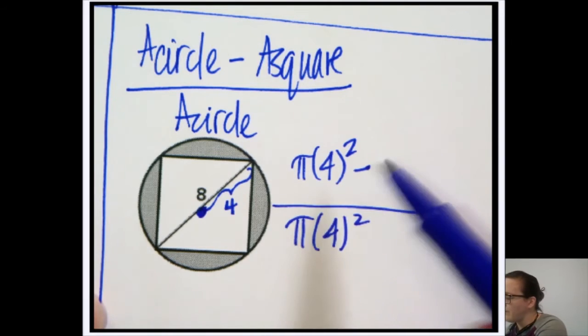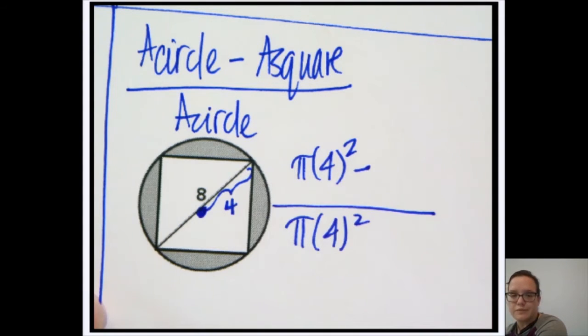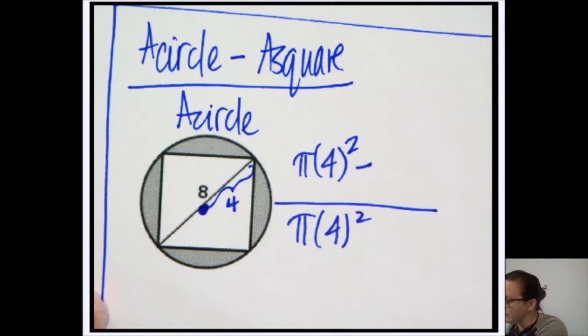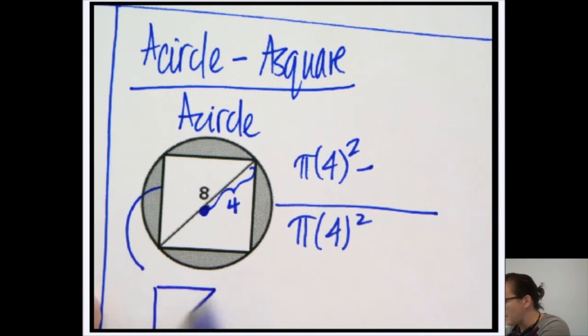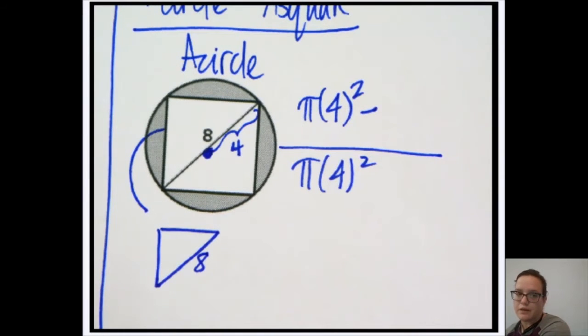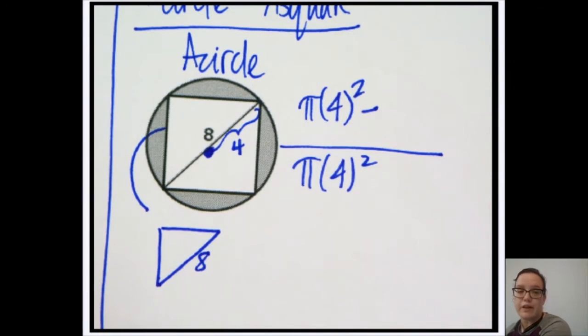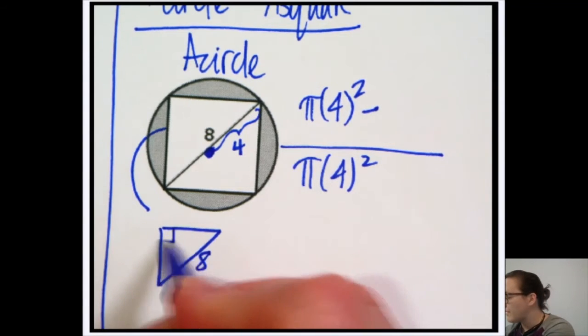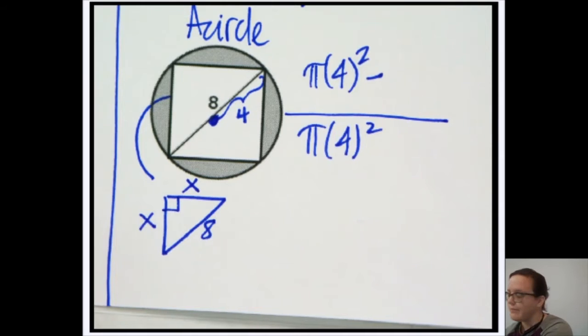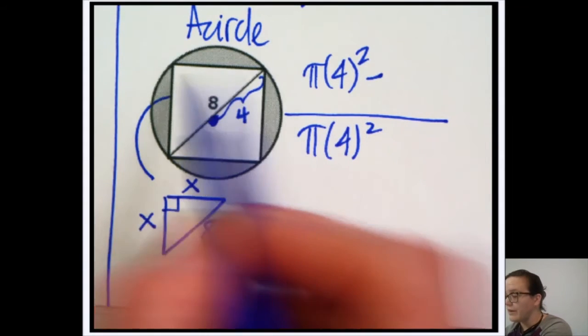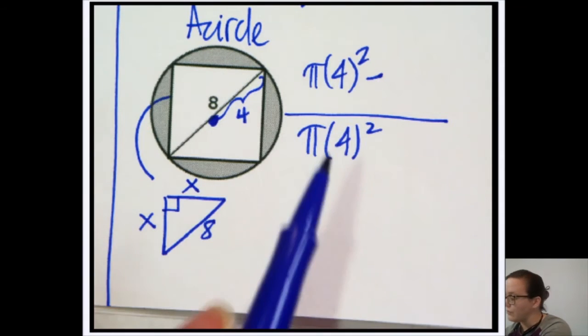Well, do we know how to find the length of the square? Because we don't have it right now, do we? So we're going to have to do a little bit of thinking back. We can do this by using our 45-45-90 triangle. Or if we forget that, I will remind you that we can use the Pythagorean theorem. This is a square, otherwise it wouldn't be inscribed in a circle.